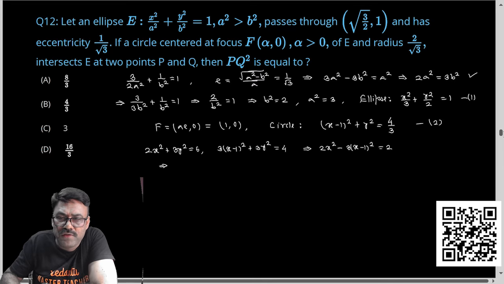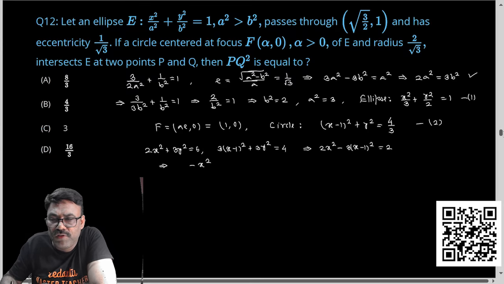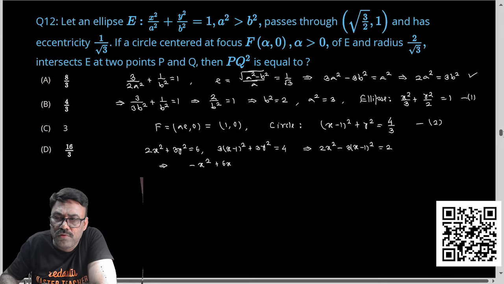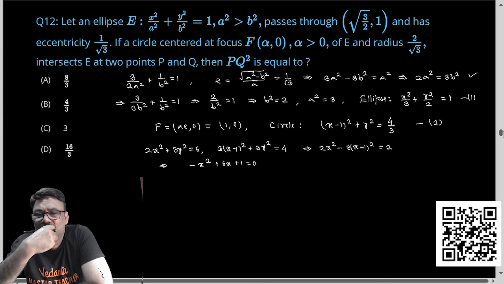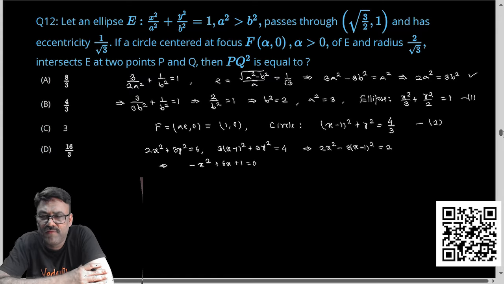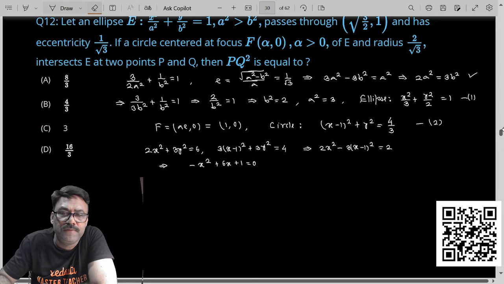If I simplify it, 2x square minus 3x square, which is minus x square, then I will get here plus 6x. Then I will get 3 minus 2... In fact, minus 3 minus 2, my bad.